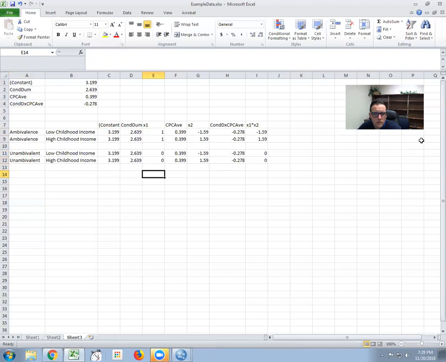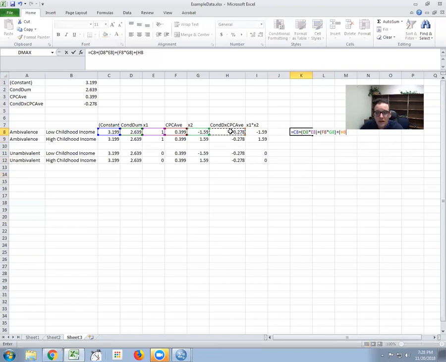So we now need to create the formulas. So we're going to put equals the constant plus the product of these two numbers, close parentheses, plus the product of these two numbers, close parentheses, plus the product of these two numbers, close parentheses, enter.